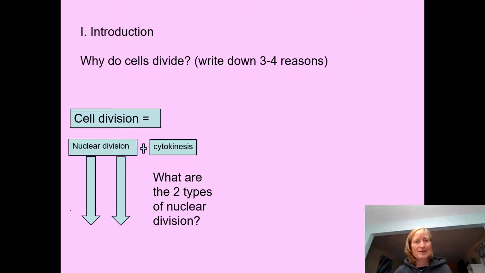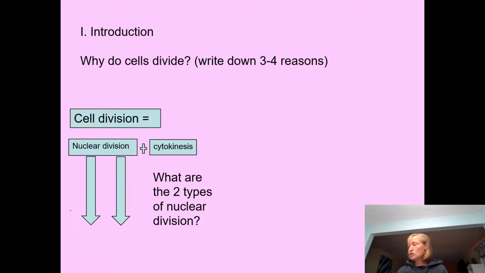You started out as a single cell, a single fertilized egg. And through development, your cells divided and divided and divided and divided into now a multicellular human or multicellular animal, right? So growth.